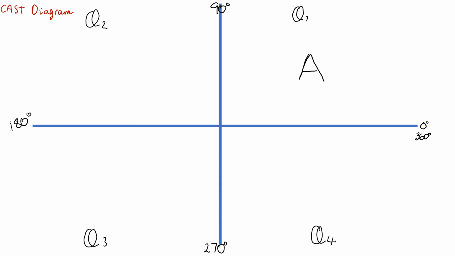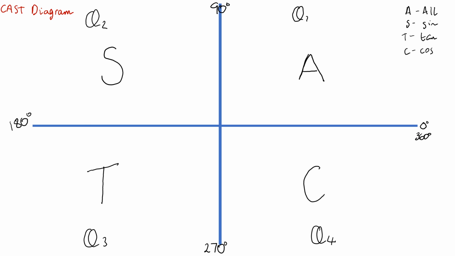So in quadrant 2, we're just going to write S. In quadrant 3, it was only tan that was positive. And in quadrant 4, it was only cos that was positive. You'll be able to see that from the table of values. So A is short for all, S short for sine, T short for tan, and C short for cos.